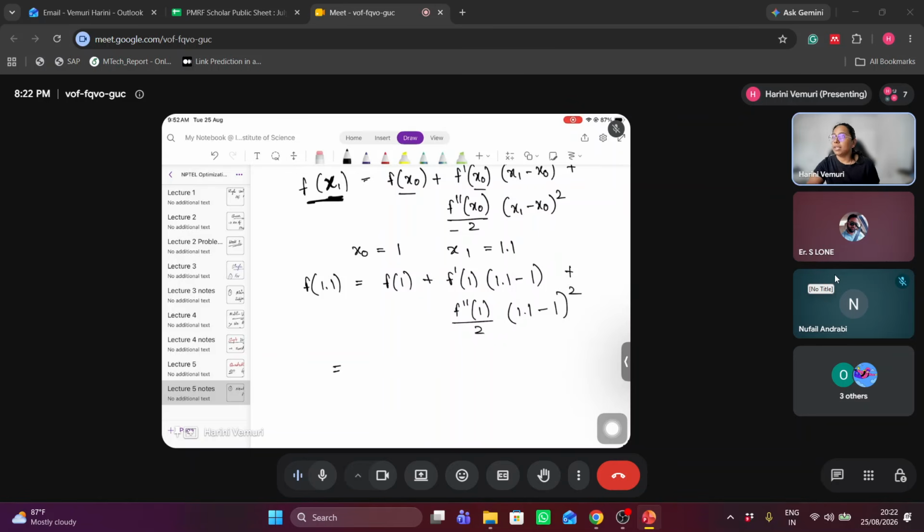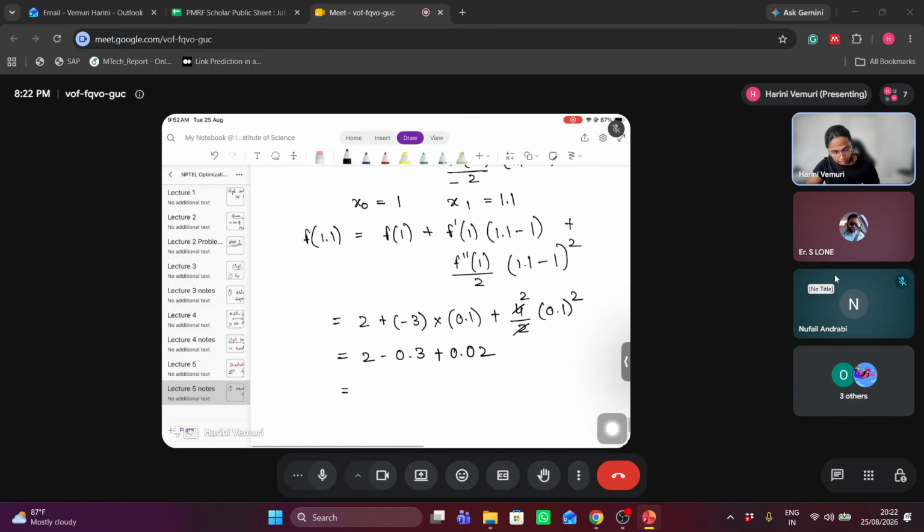So just substitute the values. f of 1 is 2, f dash of 1 is minus 3 into 1.1 minus 1 is 0.1, plus f double dash of 1 is 4 by 2 into 0.1 whole square. So it is 2 minus 0.3 plus 0.02, so it's 1.72, f of 1.1.